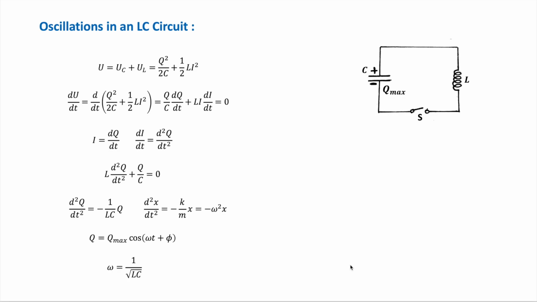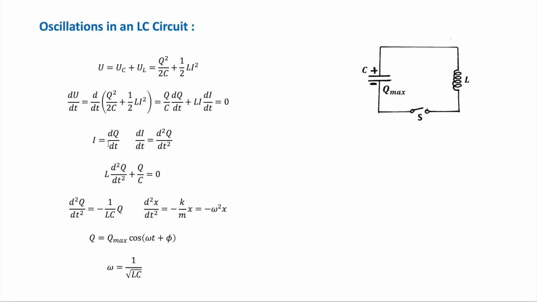Since we assumed the resistance of the circuit to be 0, no energy is dissipated as heat, and therefore the total energy must remain constant at all times. So the differential with time of the total energy is equal to 0. And this gives this equation, okay?